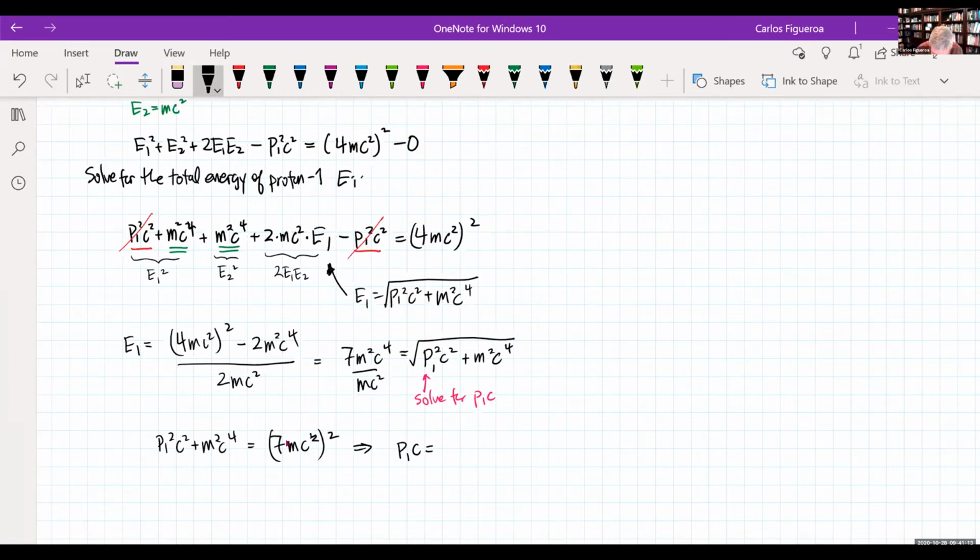So then I should get the square root of 48 m squared c to the fourth. So in the end, what kinetic energy do I need? The square root of 48 mc squared. And that's what my kinetic energy is right there.